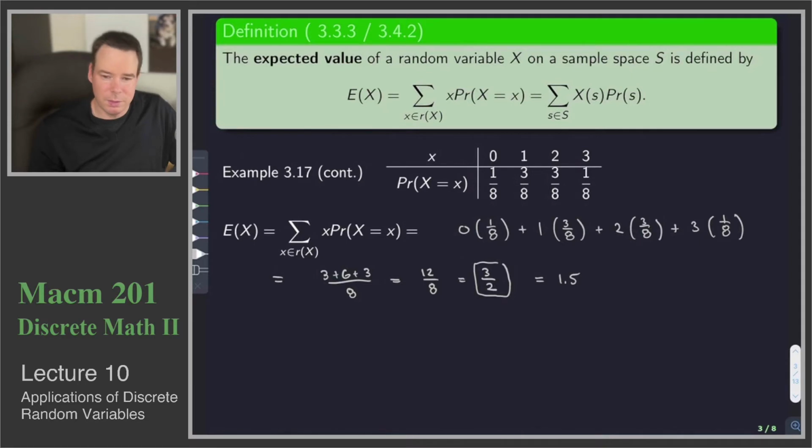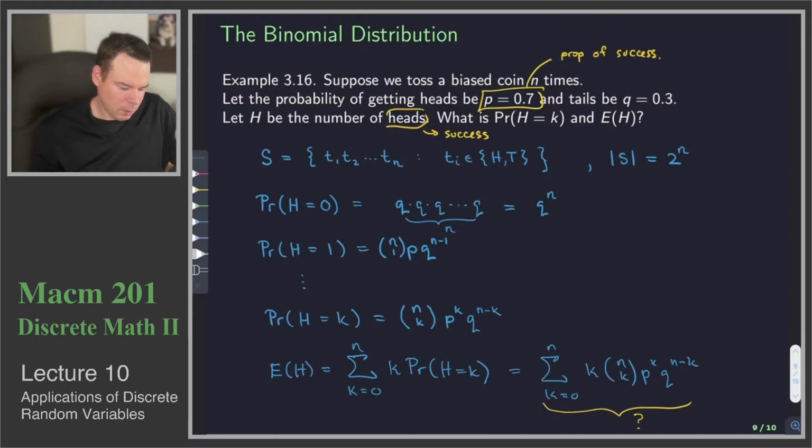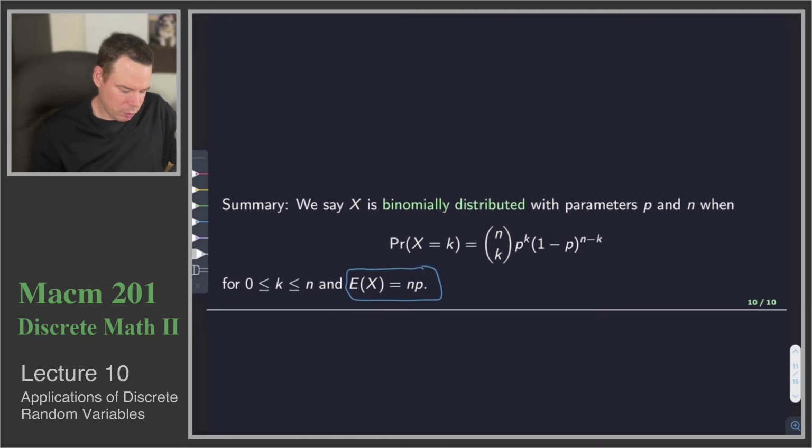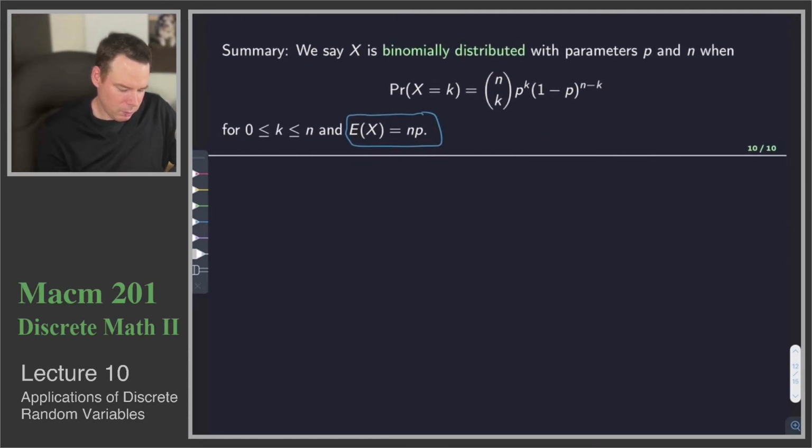Now, could we have gotten this a different way without having to go straight for the formula? The answer is, yeah, we did make the observation that this was a binomial distribution. So if we go back to lecture 9, when we look at the summary of the binomial distribution, we see that our particular example for our random variable is n equals 3 and p equals 1/2.